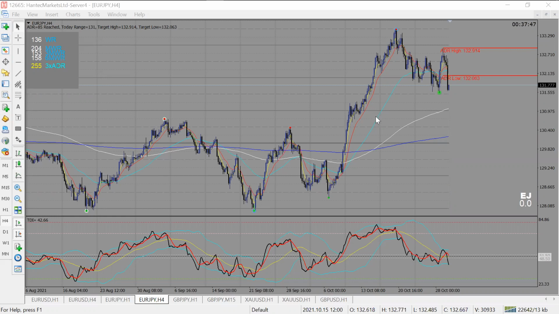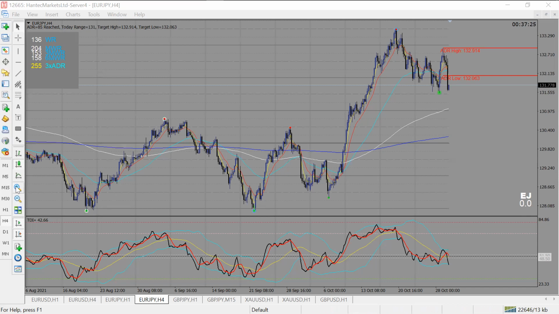This aqua is what we call water. The 200 is what we call the mayo. Then the 800 is what we call the blueberry. So this can also be an entry indicator.